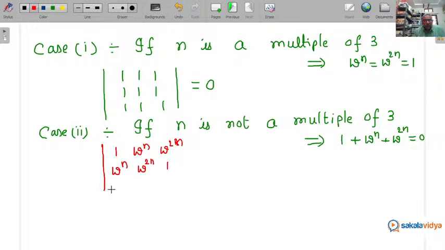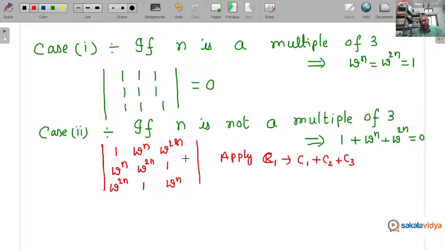So 1, omega to the power of 2n, and omega to the power of n. Here, in order to find this one, apply C1 written as C1 plus C2 plus C3. That means add all the elements of C1, C2, C3 and write them in the first column.